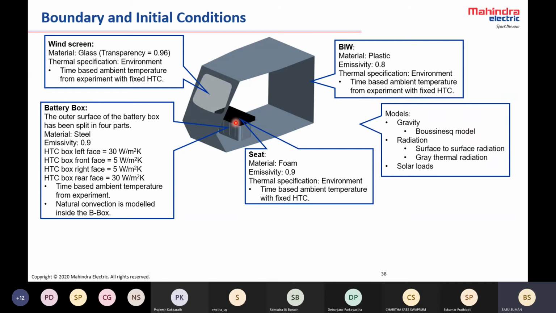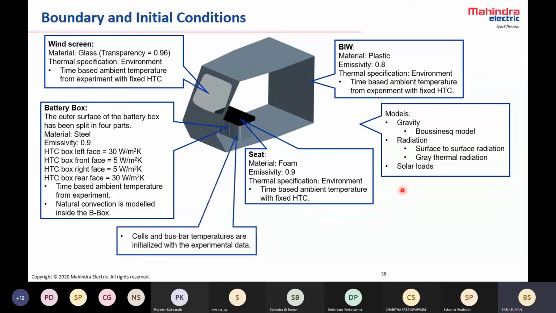So with this, we apply these models which we use for gravity, for radiation, for solar load. Now this goes into CFD software. And with that CFD software, what we get is this. We are able to predict the temperature.